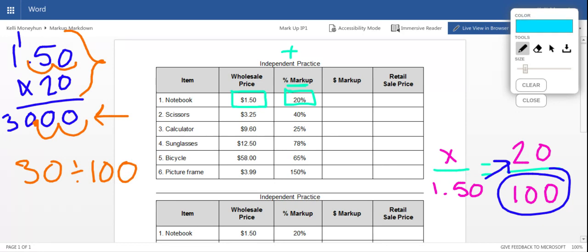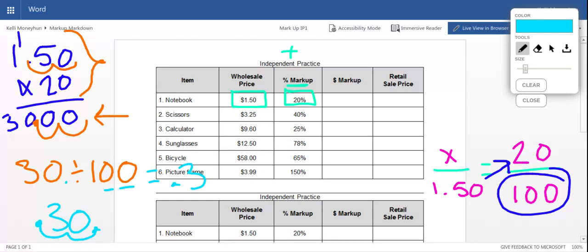Whenever we are dividing by 100, if there are two zeros, 1, 2, then you take your 30's decimal, I'll write it right here, and where your decimal might be, you're going to move it to the left 2, just like there are two zeros. So 1, 2. 30 divided by 100 is 0.3. And since we're talking about money, that 0.3 turns to 30 cents.